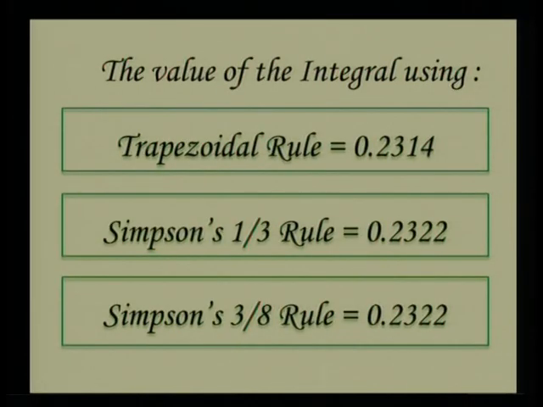Furthermore, when we approximate using Simpson's 3 by 8 rule, we now approximate a third degree polynomial. And in case of a third degree polynomial, there is more area that is covered, so a lesser amount of area gets left out. And so the approximation using Simpson's 3 by 8 rule is a better approximation to finding the integral, or finding the area covered under the curve f(x).